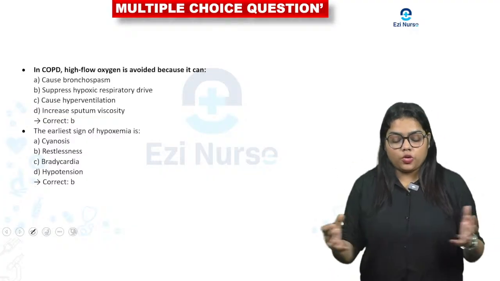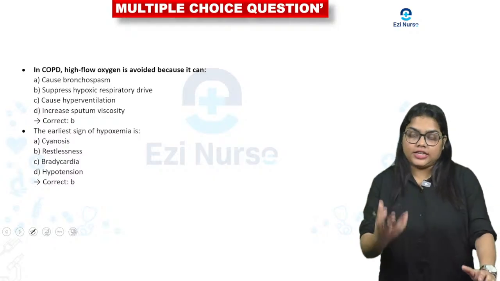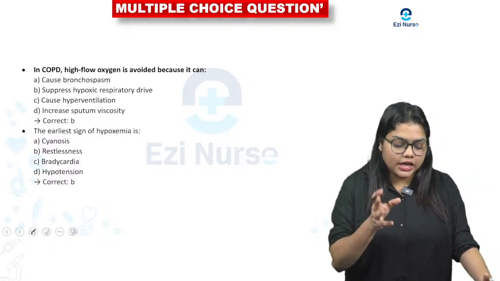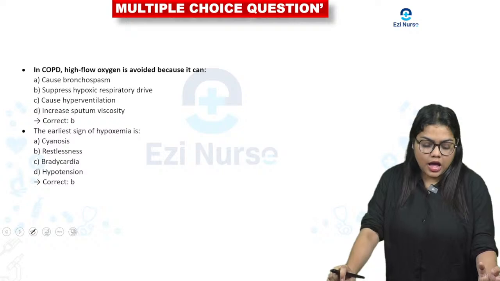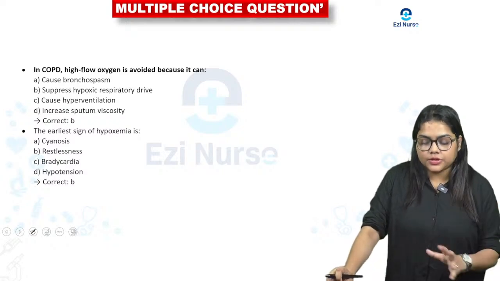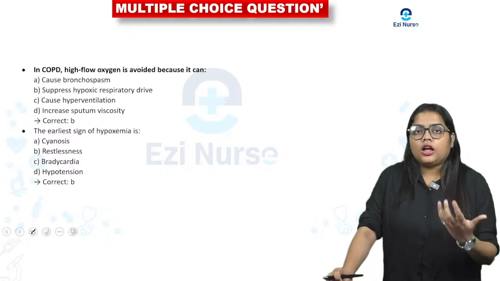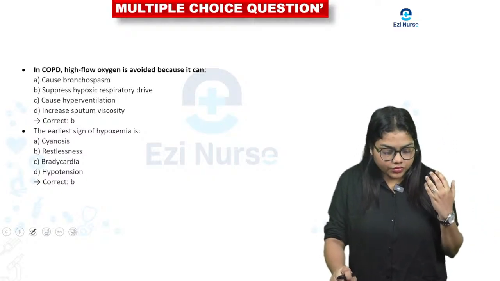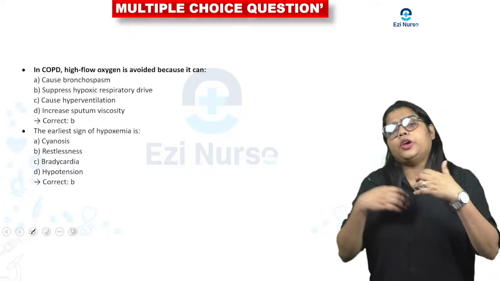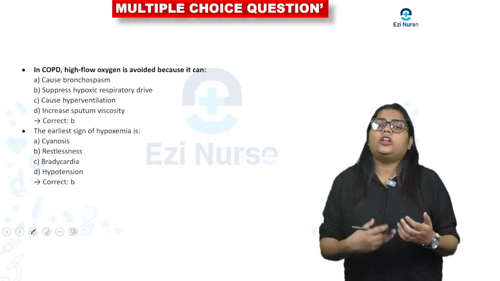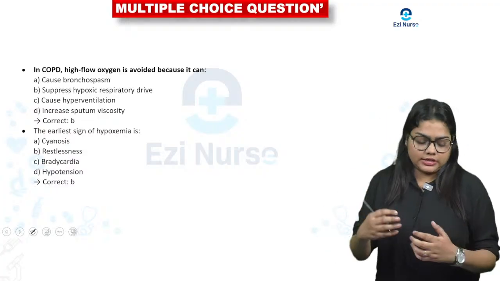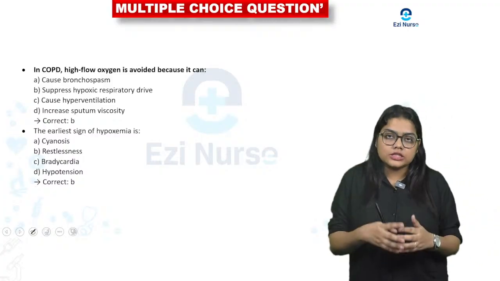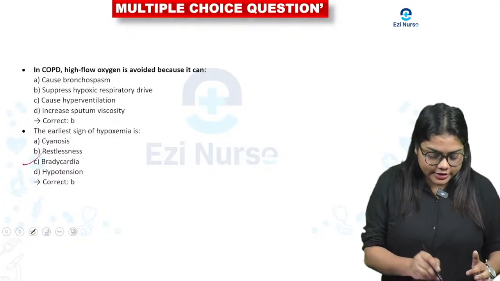As we know, hypoxemia is a condition where there is an abnormally low oxygen level in the blood. So the answer is restlessness. Cyanosis will appear later, when the hypoxemia increases, but the first sign to appear is restlessness.